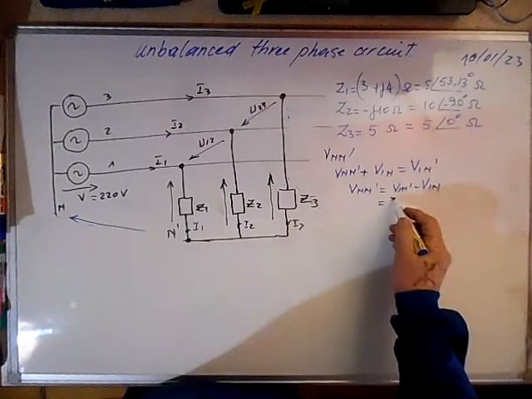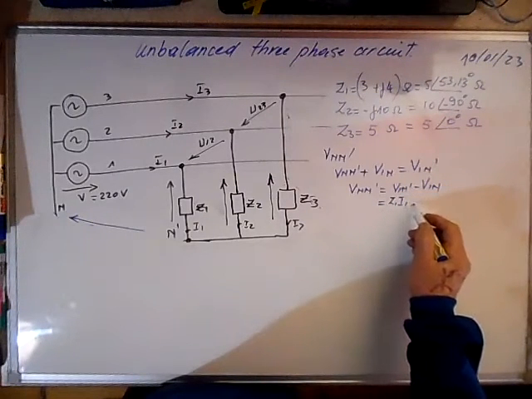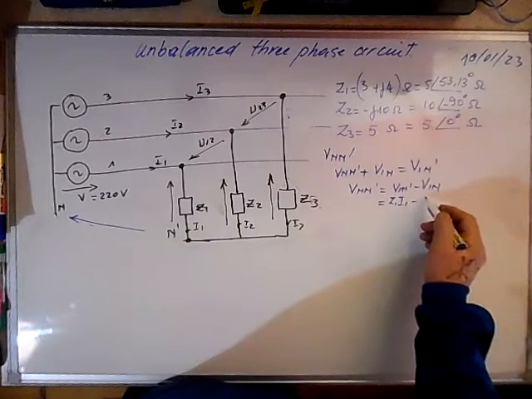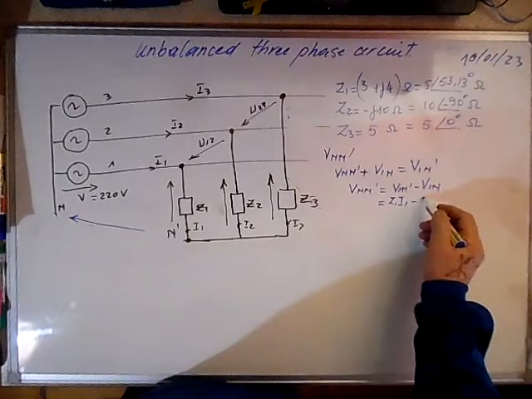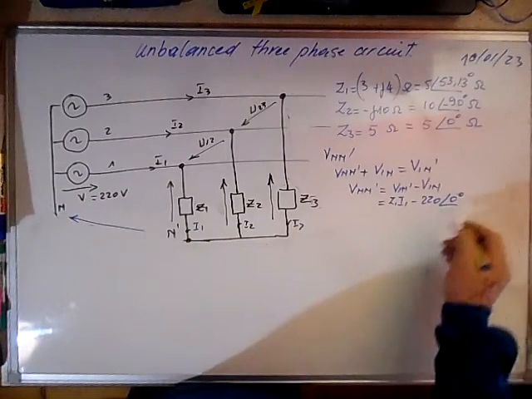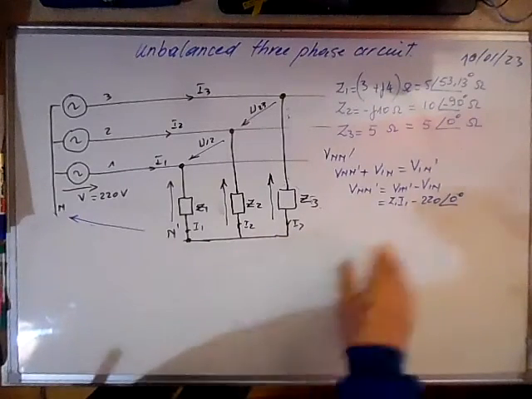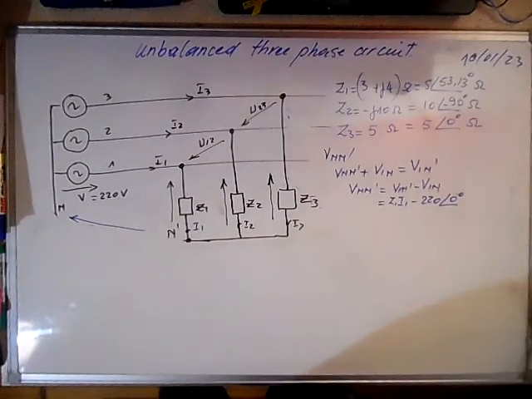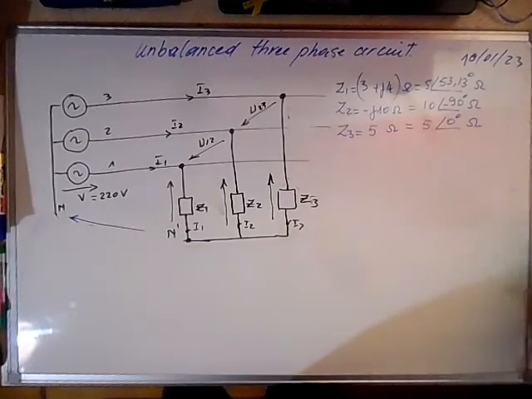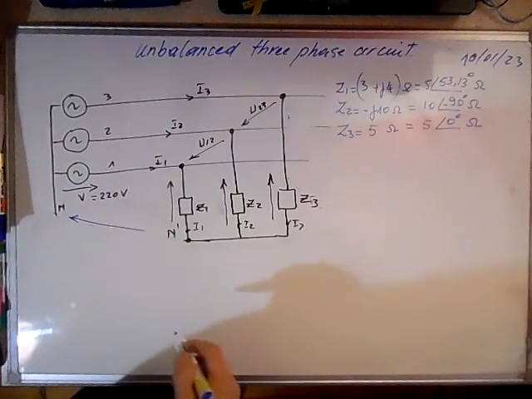V1 n prime is Z1 times I1, minus V1, which is the reference voltage, equal to 220 at 0 degrees. This is for later calculations, and now we have to calculate the line currents.